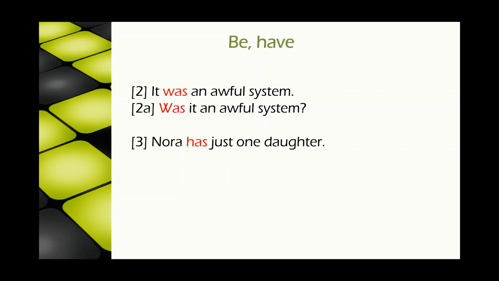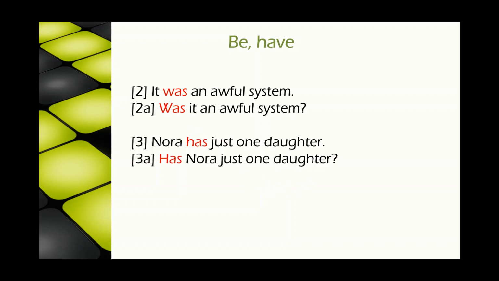The other detail that you need to pay attention to is sentences that contain the verb have as the main verb. Now, it depends on the variety, which variety you prefer. So look at the example. Nora has just one daughter. Now, has is the main verb.